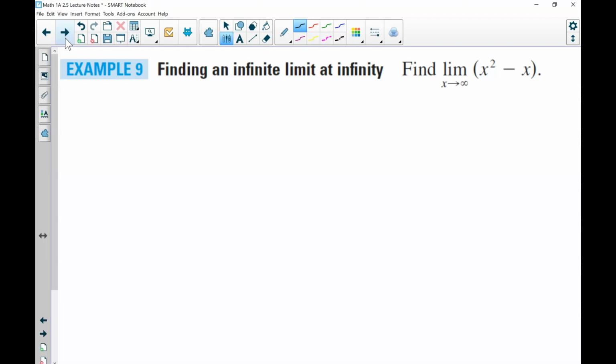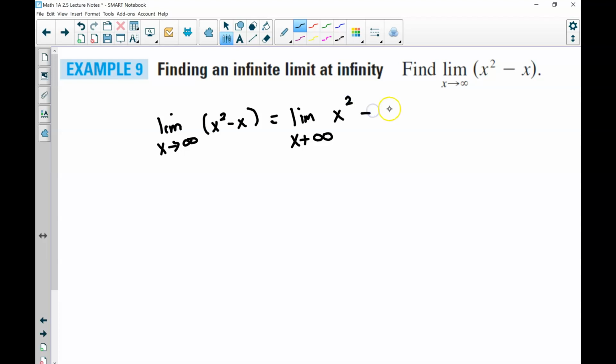Now if you wrote the following, the limit as x approaches infinity of x squared minus x equal to the limit as x is approaching infinity of x squared minus the limit as x is approaching infinity of x, you would say that this is infinity minus infinity.